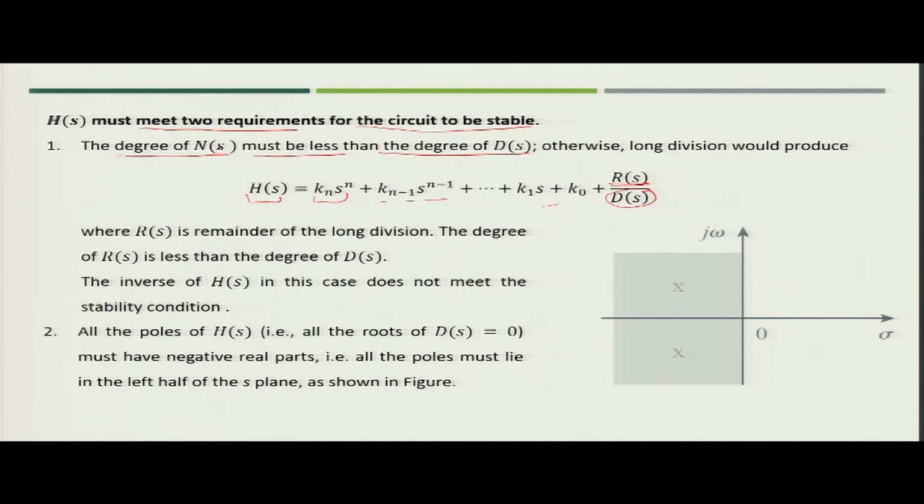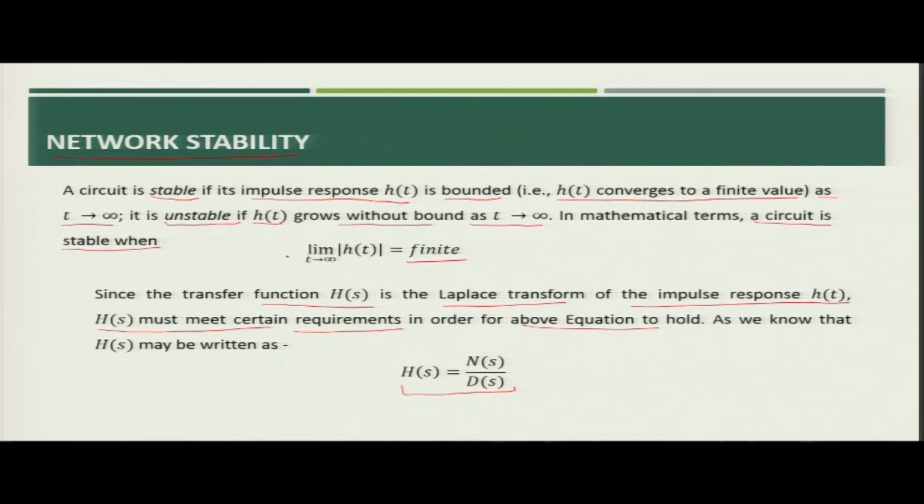Because of this, H(s) will be unstable. So, the first requirement for the system to be stable is that the degree of N(s) should be less than the degree of D(s). When you take the inverse of H(s), it will not meet the stability condition. The stability condition we discussed was that the limit as t tends to infinity of h(t) should be finite.